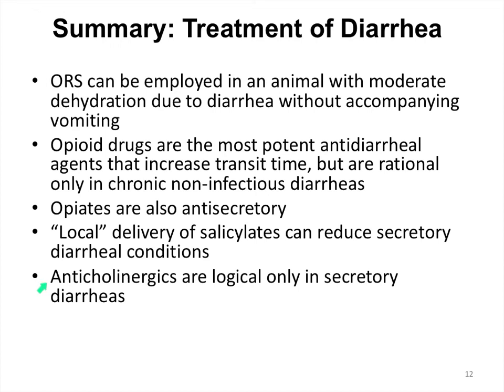And anticholinergics are really only logical in secretory diarrheas or occasionally in diarrheas associated with hypermotility, which, as we said in previous presentations, is an uncommon thing. So anticholinergics are included in combination drugs like opioids and anticholinergics for their anti-secretory effects, but also as an agent to prevent the abuse of the opioids.